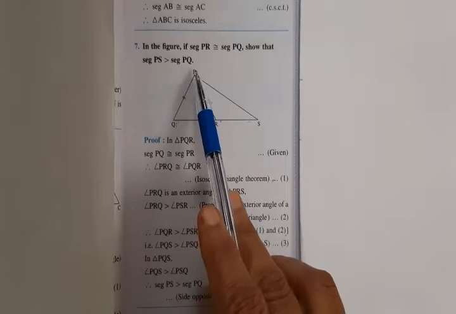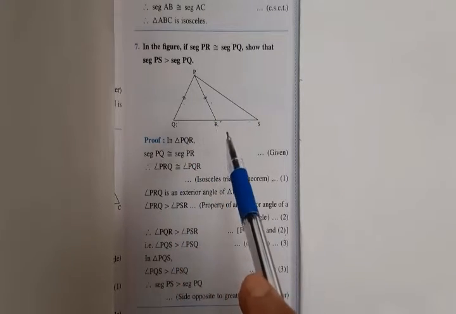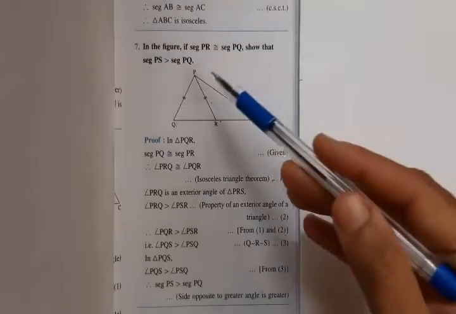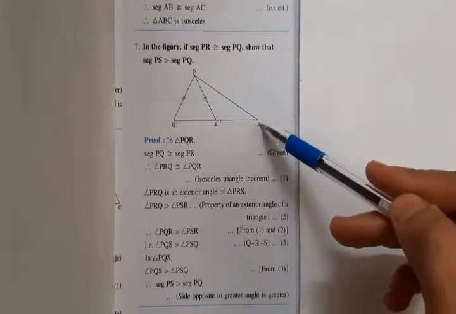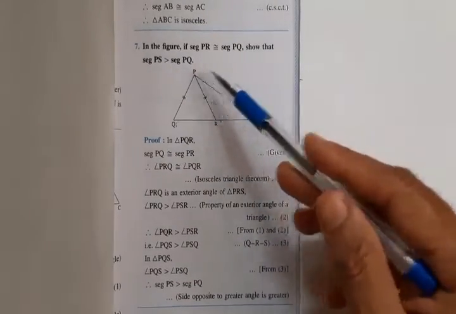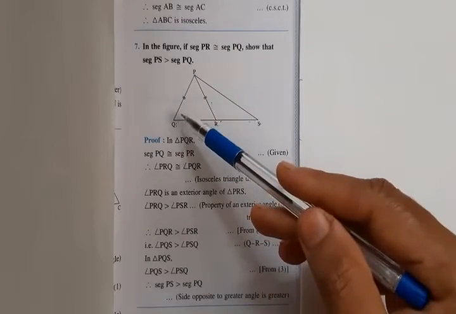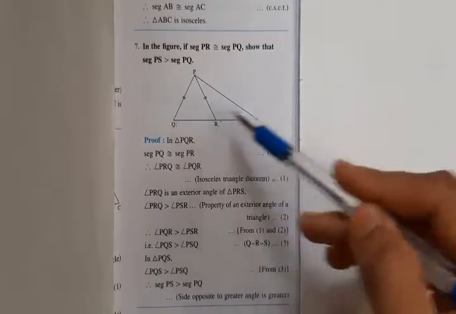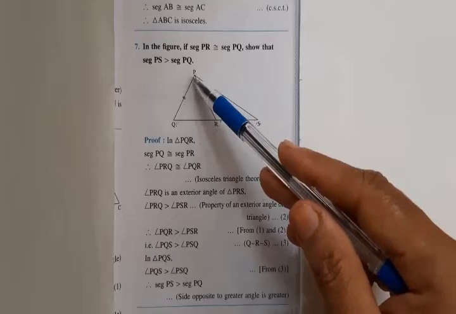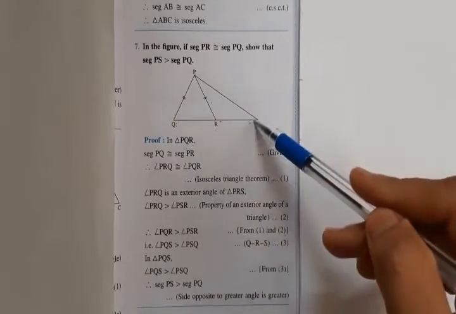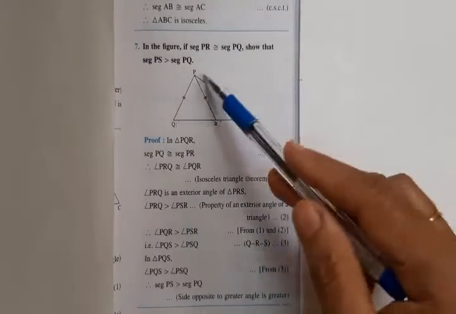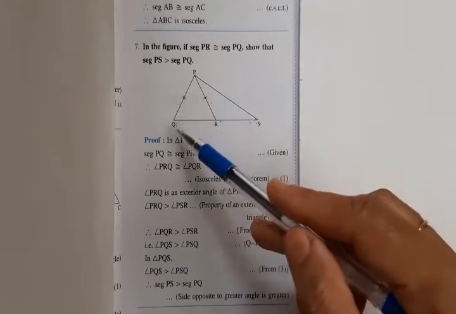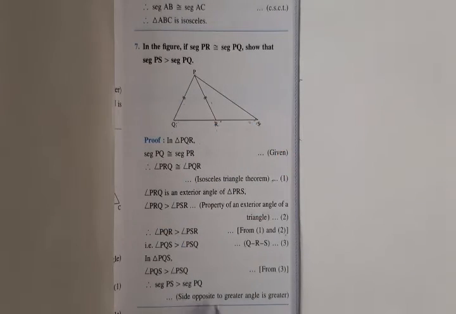That is, angle PQS is greater than angle PSQ. So in triangle PQS, angle PQS is greater than PSQ. That means segment PS is greater than segment PQ, according to the side opposite to the greater angle in a triangle.